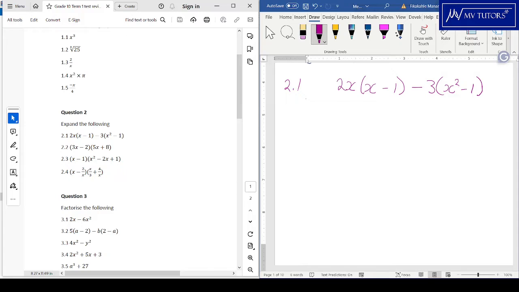We're not factorizing, we are expanding. So the first one is 2x times x, which will give me 2x squared. The next one is 2x times minus 1, which is minus 2x. And then minus 3 times x squared, which is minus 3x squared. Then the last one is minus 3 times minus 1, which is a positive 3.